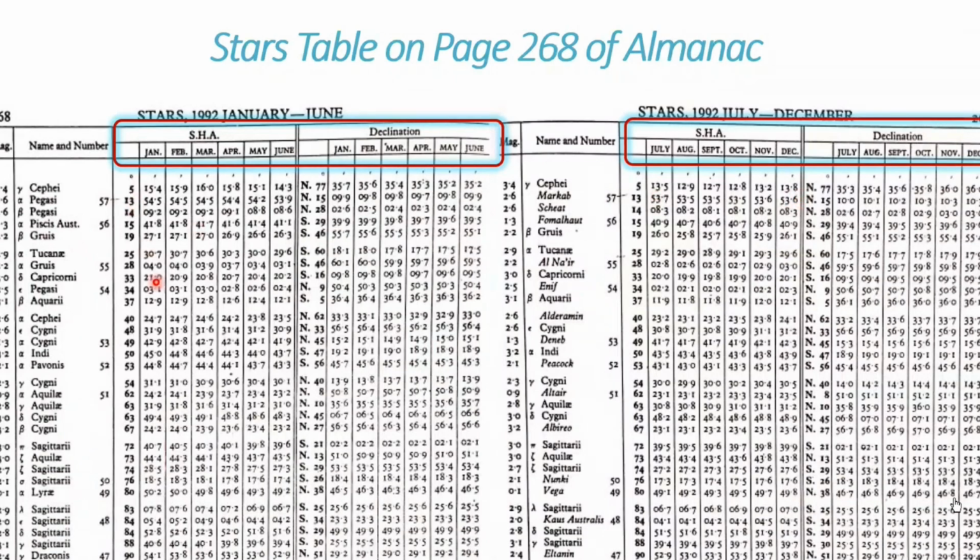Now the stars are listed in this table in increasing order of their SHA, sidereal hour angle. You can see the stars starting in the table from 000 SHA going up to 360 degree SHA.